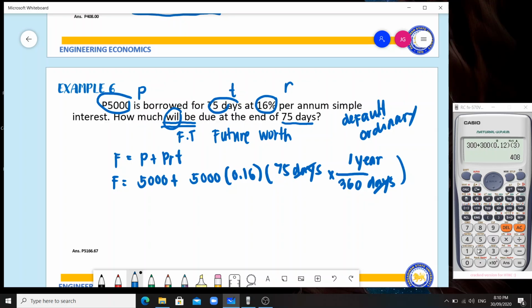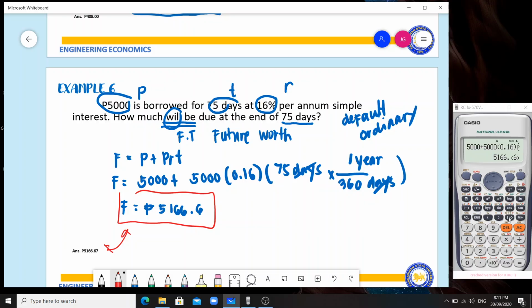And then, we have to compute. 5,000 plus 5,000 times 0.16 times 75 over 360. So the amount would be 5,166.6. Okay, so that is our final answer. So parehas lang siya.